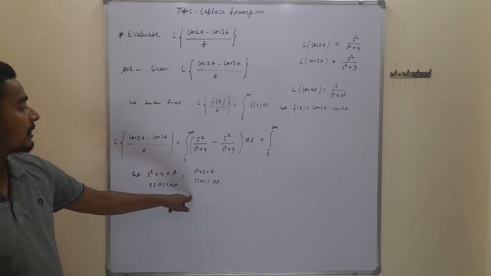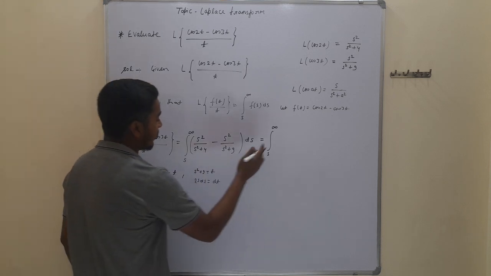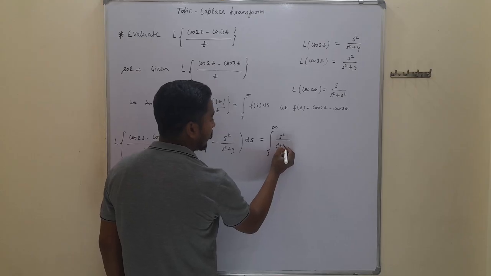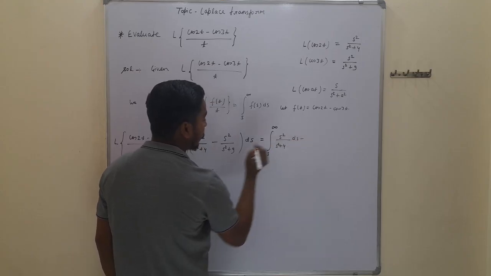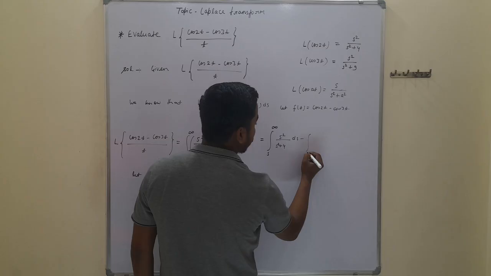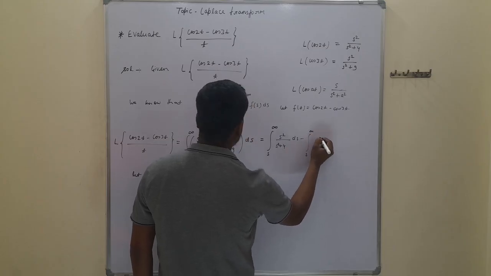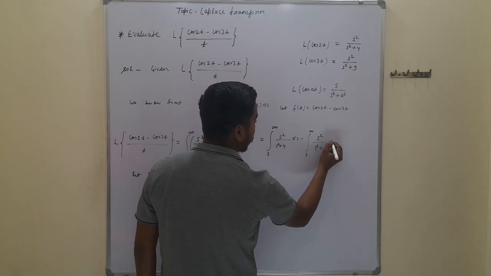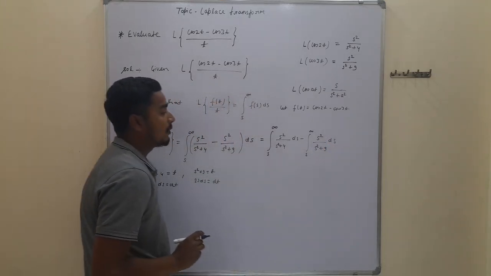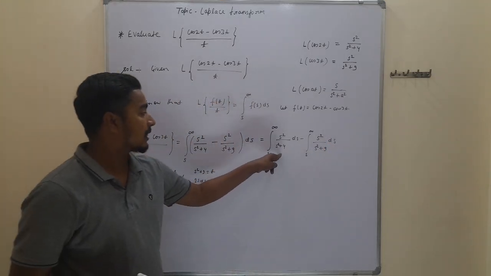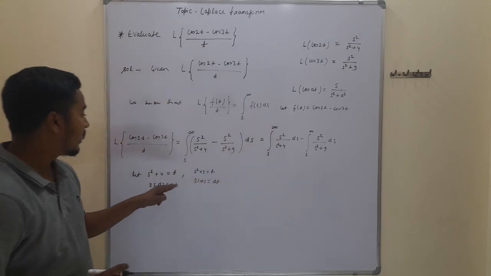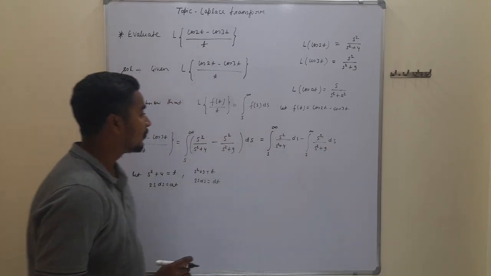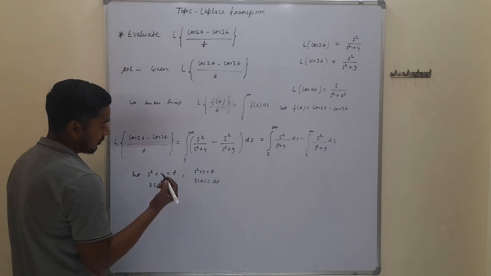We can separately write this as the integral of s upon s square plus 4 ds minus the integral from s to infinity of s upon s square plus 9 ds. In the first part we let s square plus 4 be t, and in the second part s square plus 9 be t.